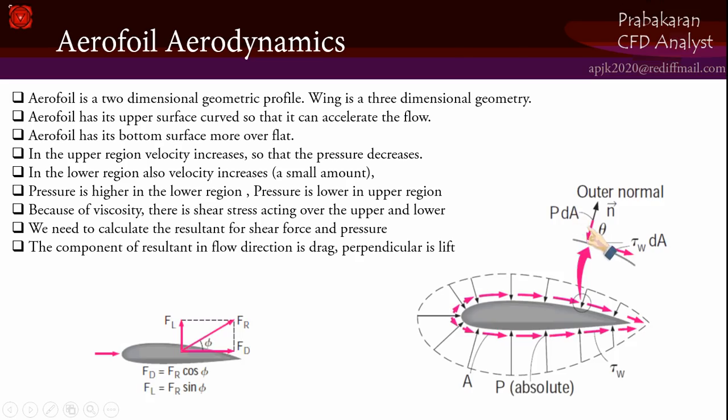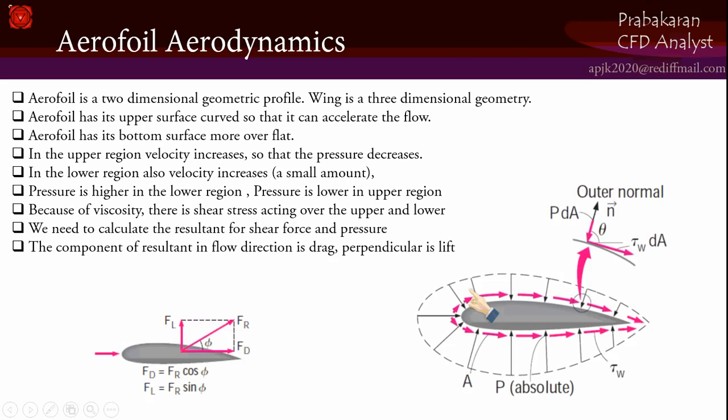Pressure always acts perpendicular to the considered area, and shear stress always acts tangential to the considered area. Because of friction there is shear stress, and because of pressure there is a pressure distribution. So around the aerofoil, we have pressure distribution as well as shear stress distribution.